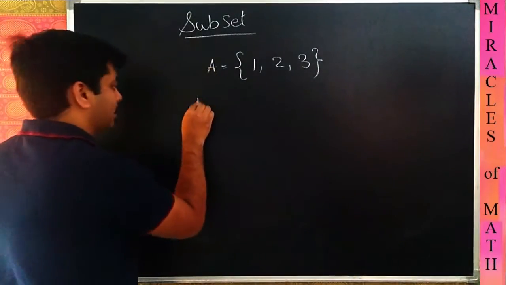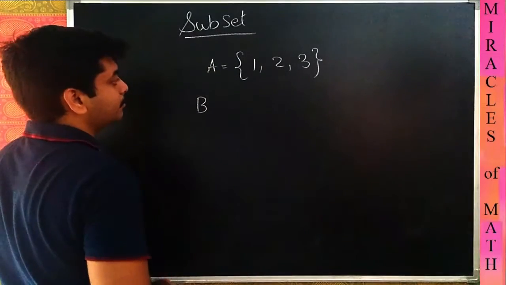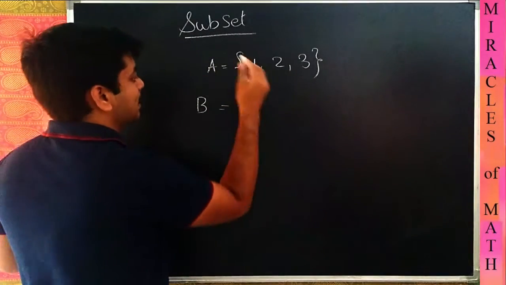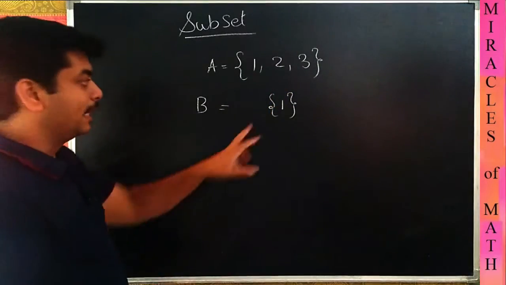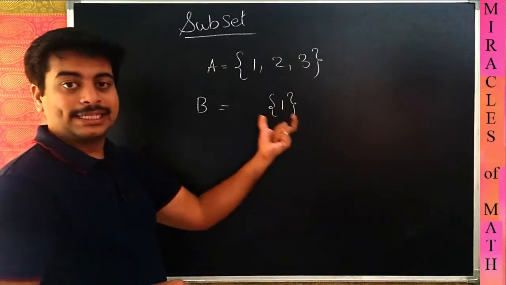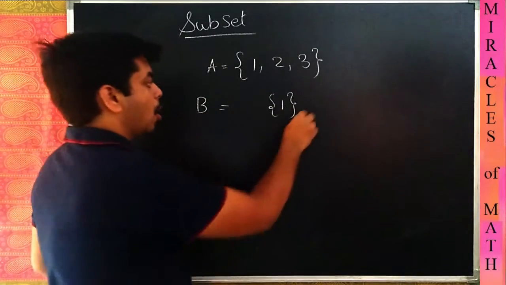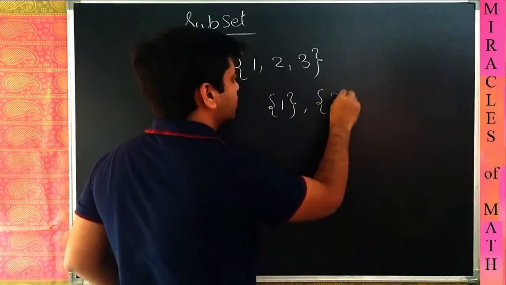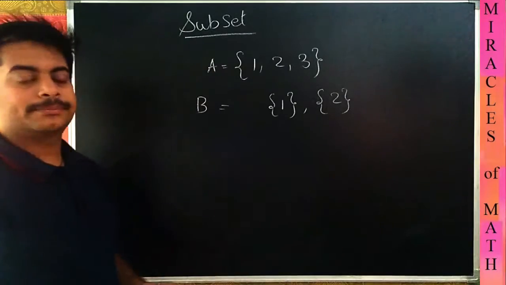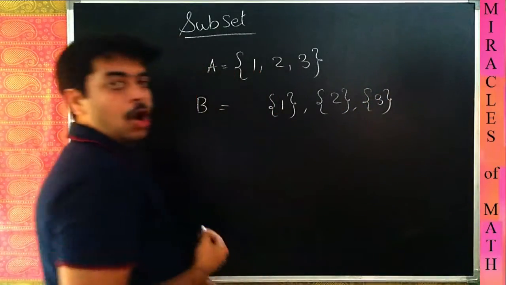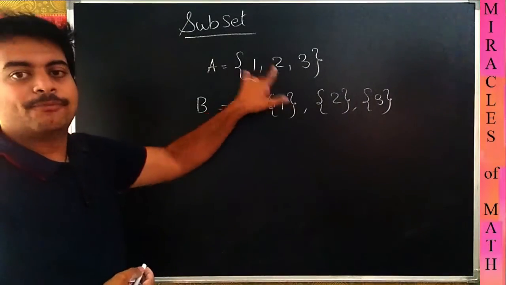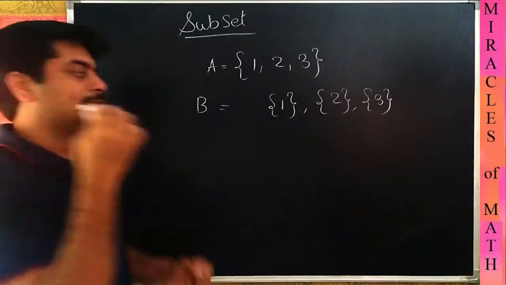I'll take that set of subsets as B. So B is equal to selecting only the first element, which should be written inside brackets, or selecting only number 2, only the second chocolate, or selecting 3, or selecting 2 chocolates at a time, {1, 2}. You're taking both chocolates at the same time.